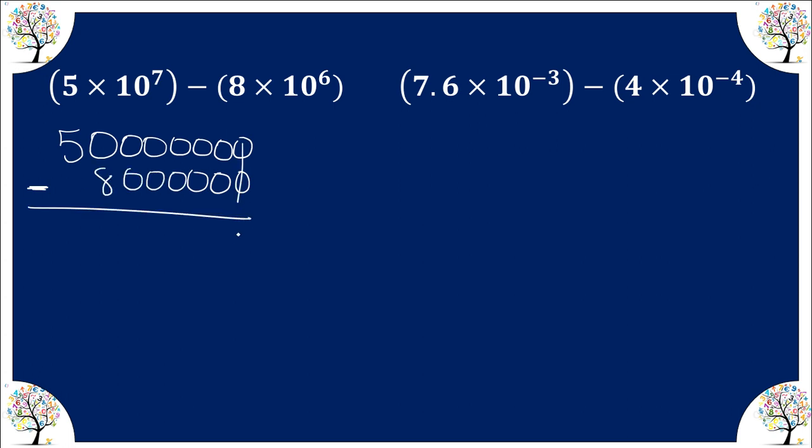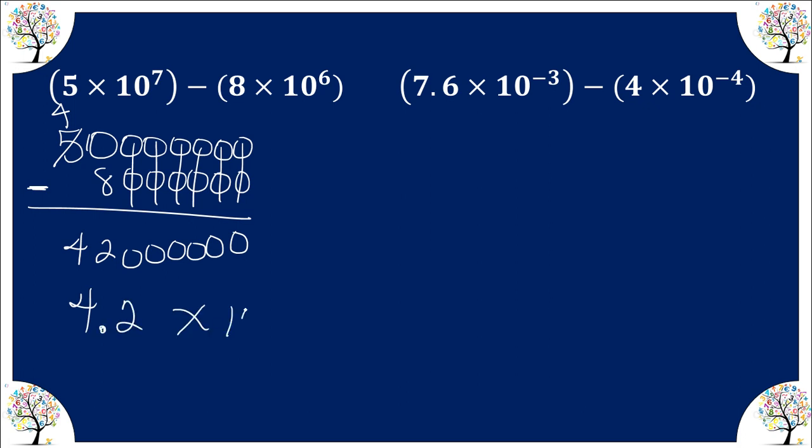We start subtracting. So 8 from 0, we're going to borrow from the 5, make it a 4, make that 0 a 10. 10 minus 8 is 2, and then we have 4. We're going to have a coefficient of 4.2 times 10 to the 1, 2, 3, 4, 5, 6, 7, the power of 7.